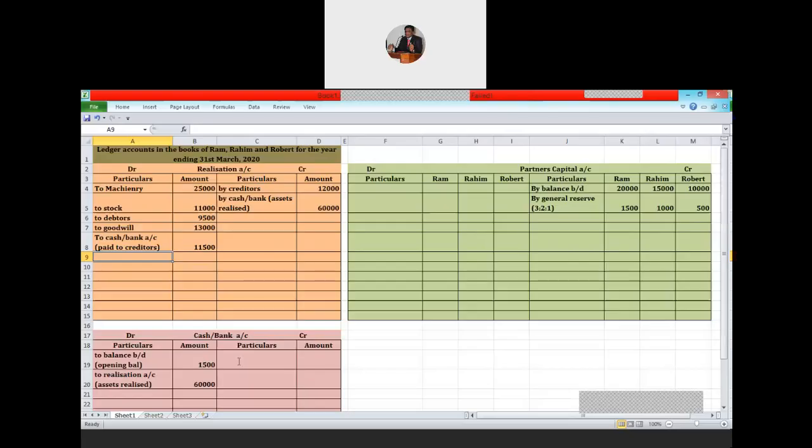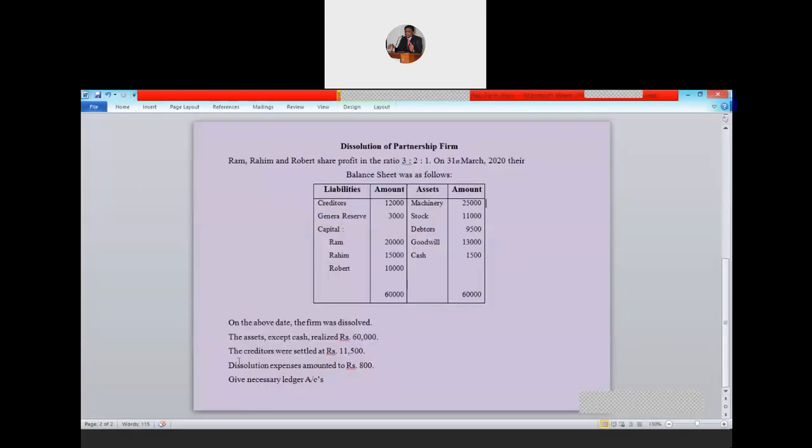Corresponding entry will appear in cash or bank account credit side by realization account, that is the amount paid to creditors 11,500, and dissolution expenses amounted 800.